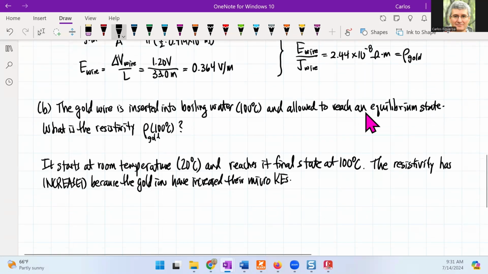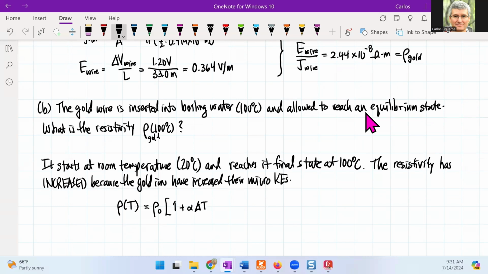And what we said earlier in lecture is that if I have a resistivity at temperature T, it's equal to the resistivity at room temperature times the quantity 1 plus alpha delta T, where rho initial is the resistivity of gold at 20 degrees Celsius, and alpha is called the temperature coefficient of resistance.